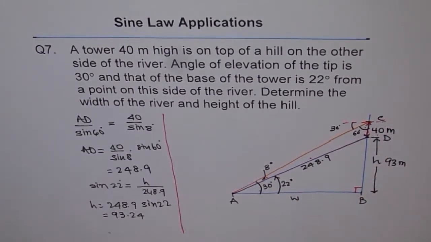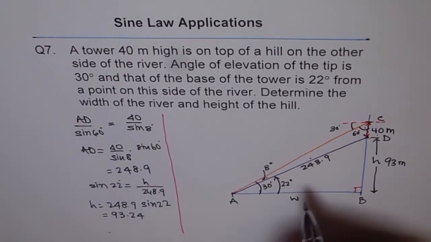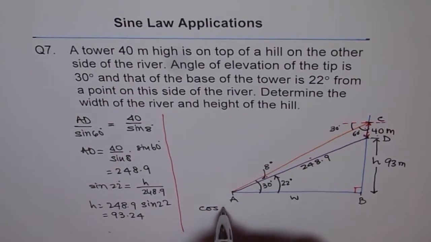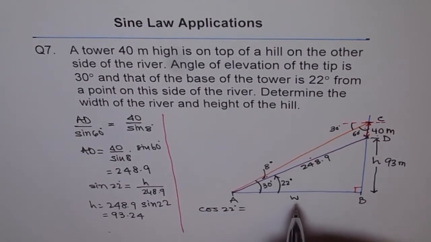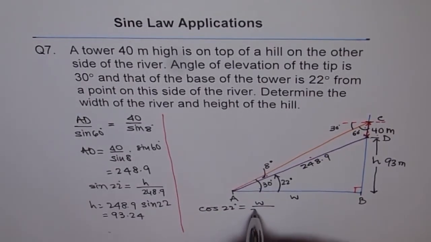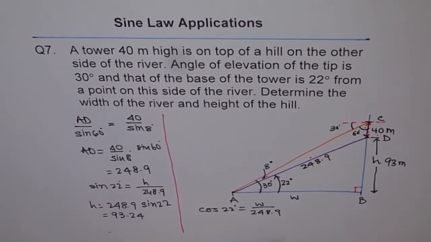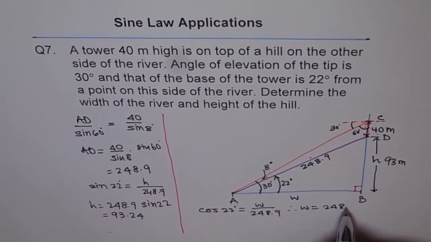And to find W, the width of the river, we can use cos of 22 degrees, correct? So we say cos of 22 degrees is equal to width over 248.9, and therefore width equals 248.9 times cos of 22 degrees.